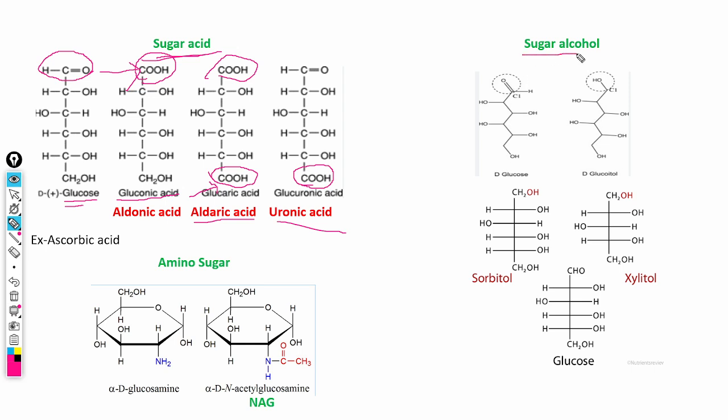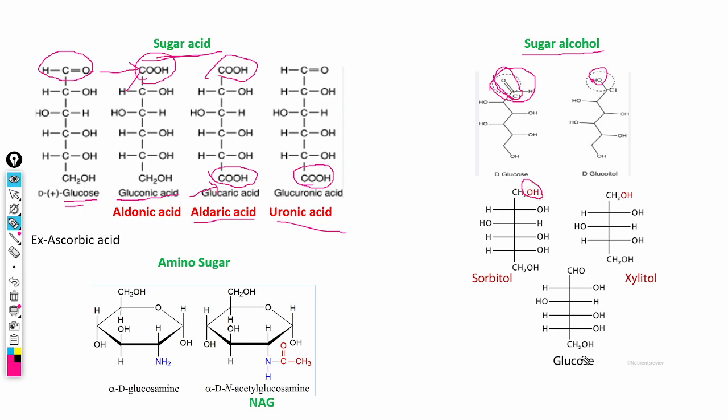Another is called the sugar alcohol. Sugar alcohol means this is the aldehyde group, and here it is the CO group, that means the carbonyl group. If the carbonyl group is reduced, another OH group is formed. So like that, in the glucose, another OH is joined.